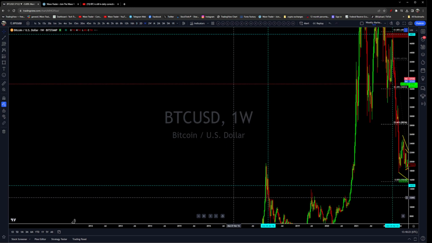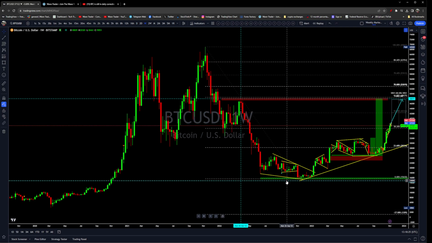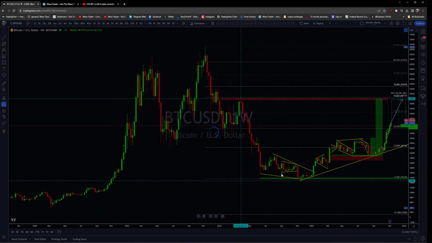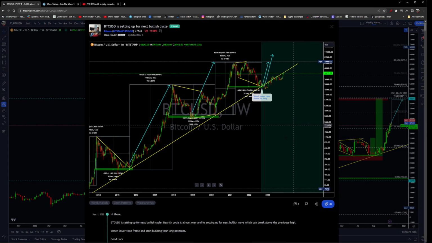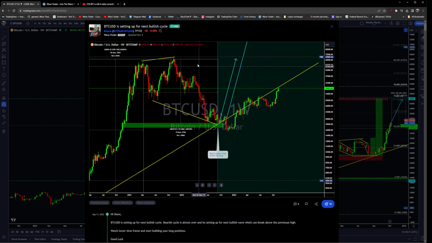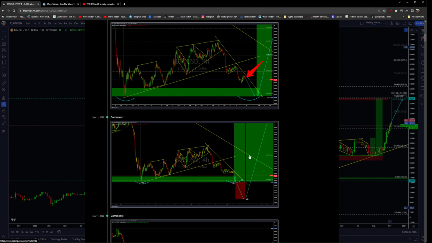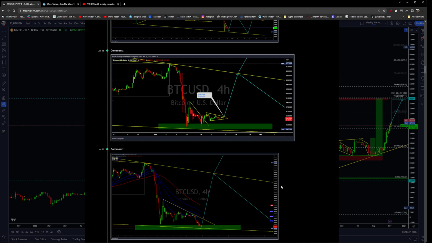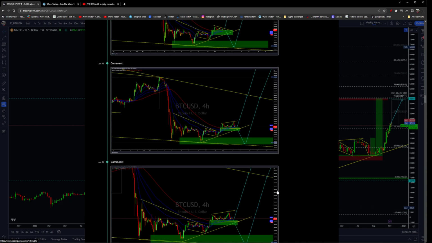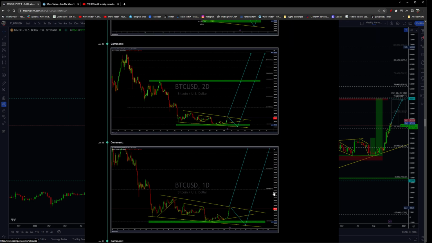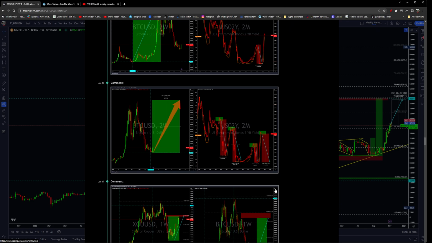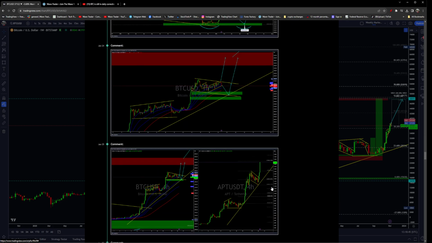If I look at the weekly chart, you're going to see the trend much more clearly. We are heading back towards the top. This is the more recent, updated chart to understand what is going on.